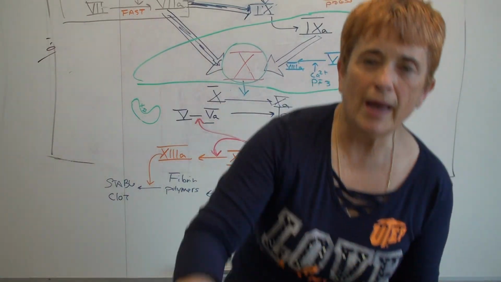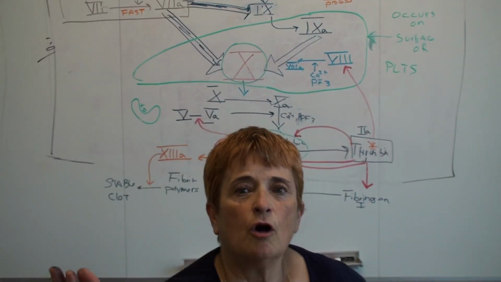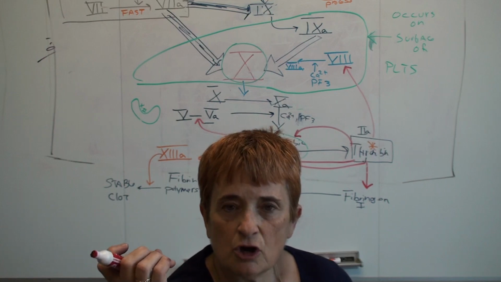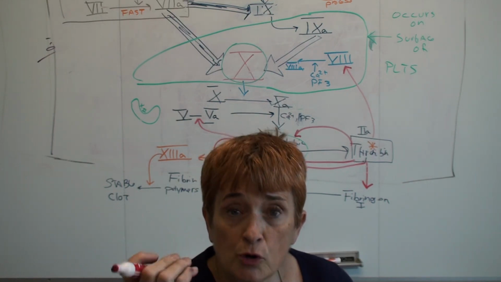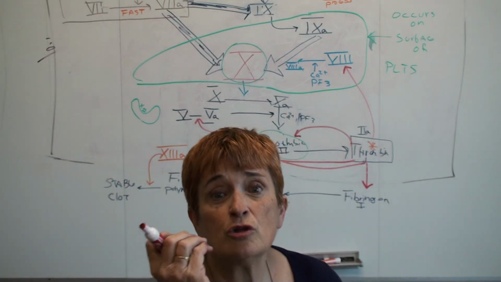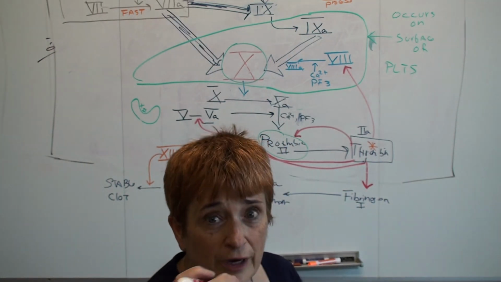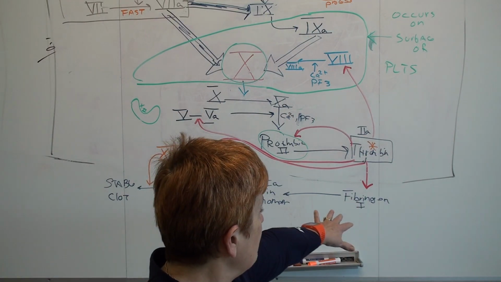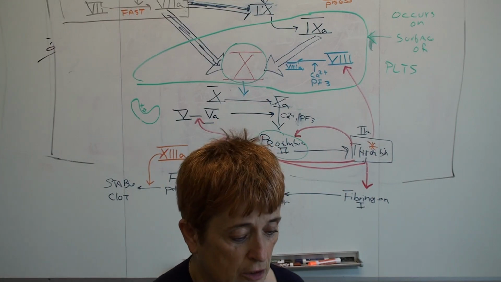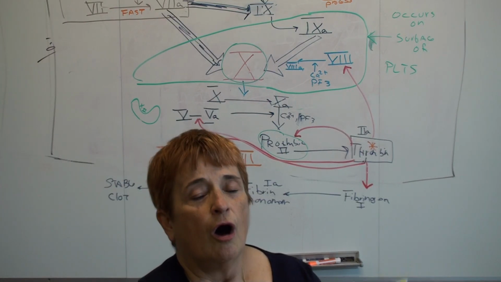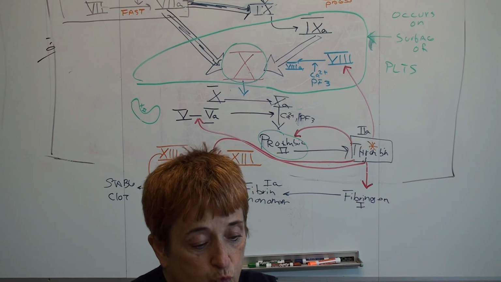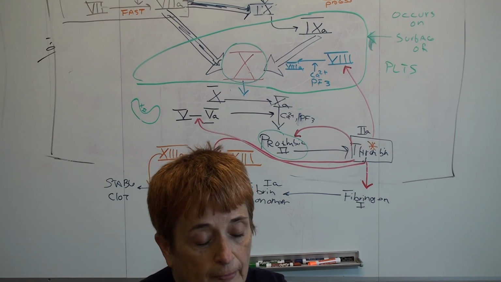So remember, I went back and I said, what was the main purpose of these coagulation factors? The main purpose of these factors is to get from coagulation factors to thrombin. Once we are on thrombin, we're going to go to fibrinogen, fibrinogen to fibrin, and a stabilizing clot. Whoa! Wow! That was really a lot of stuff.